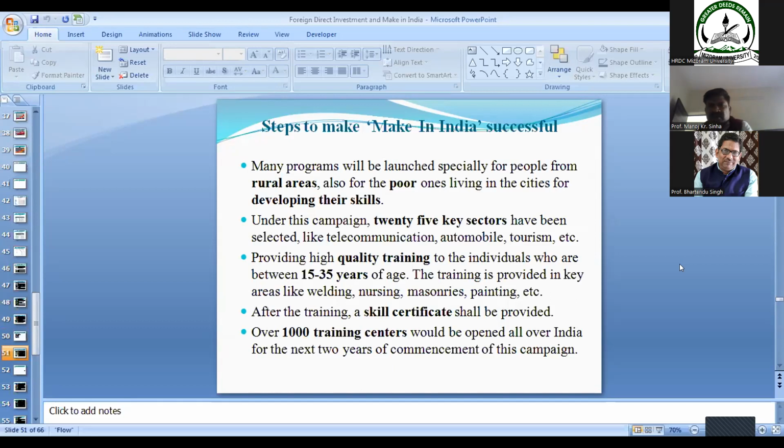Many programs have been launched for people from rural areas and the poor in the cities for developing their skills. For that purpose, the Government of India is planning to set up more than 1,000 training centers across the country.